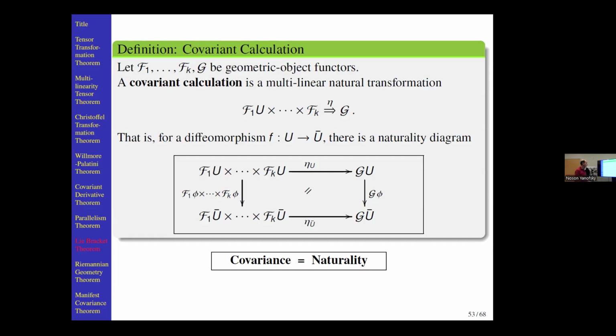And so covariance is just naturality in general. When I say in general, I mean other kinds of groupoids than just diffeomorphisms. For example, in special relativity, you have the Lorentz-FitzGerald transformations, which are a special case, but they do form a groupoid, a group actually. So this is a generalization of that.